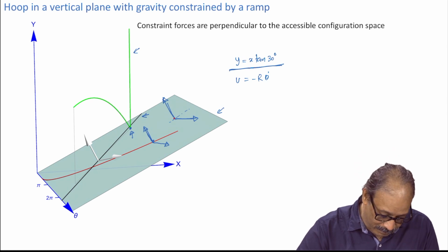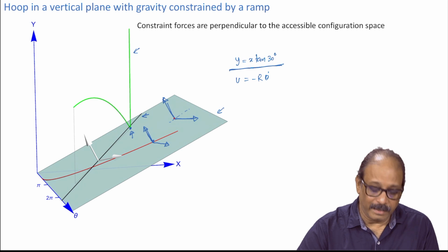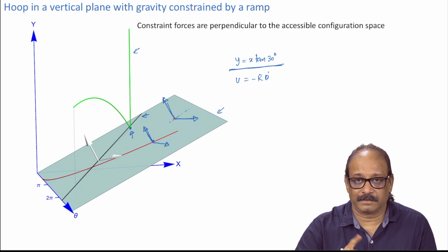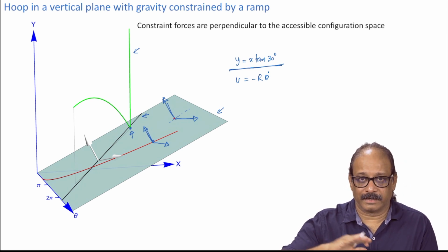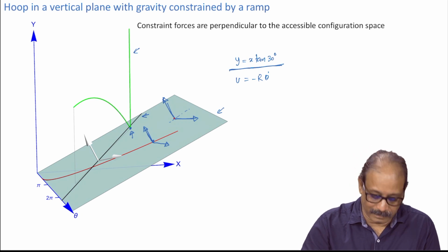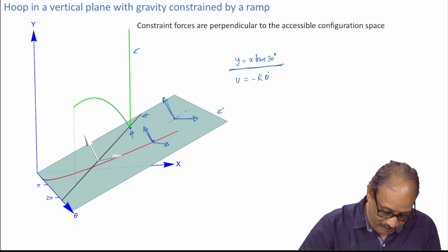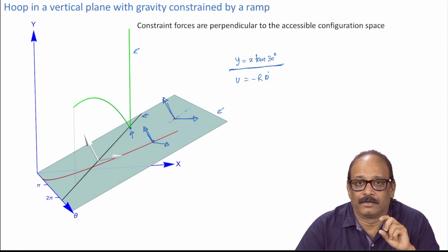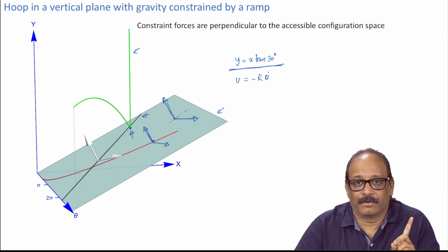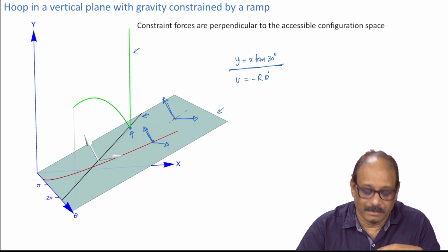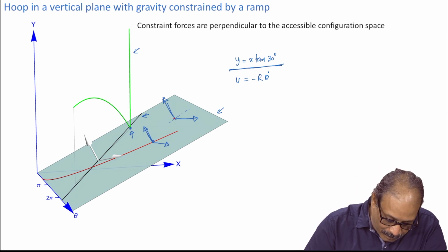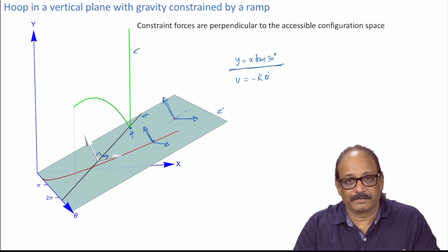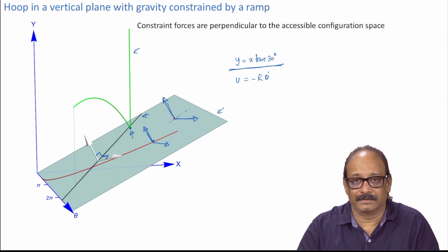So, look at what happens. The trajectory is a straight line trajectory on the constraint plane. So, you have one more constraint which keeps the particles on the black trajectory, and your two constraint forces, one is the normal reaction, one is the friction, both of them will be perpendicular to the accessible configuration space, which actually are the straight lines in this.